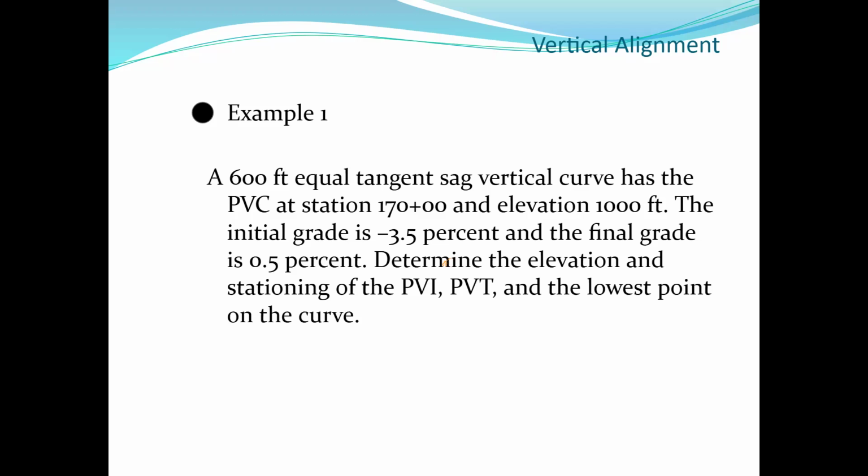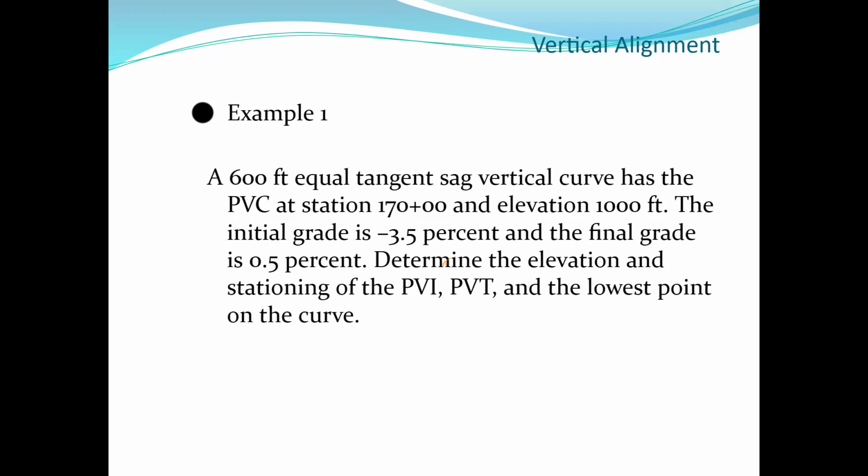This equation does not define the elevation of PVI. It only defines the elevation of points located on the curve. PVI is an imaginary point where the two tangents would have met had you not designed the curve at all. So the elevation of PVI has to be obtained not using the curve equation. You cannot use the curve equation to estimate the elevation of PVI.